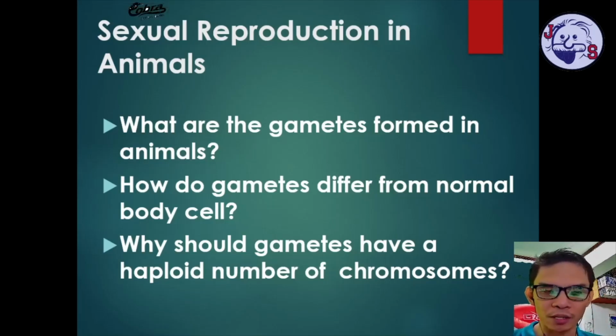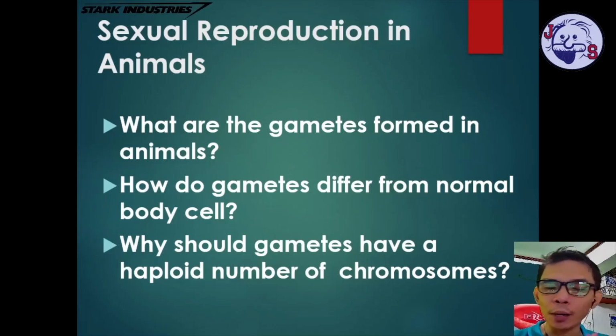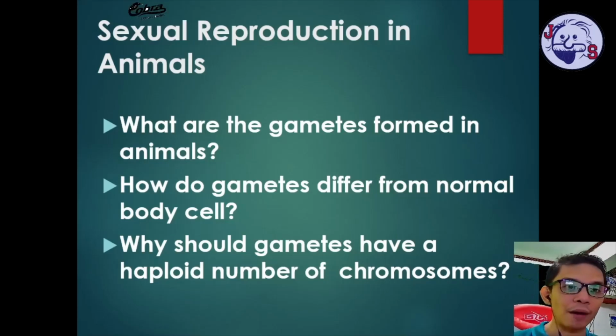You can pause the video if you want to answer this question. The gametes contain a haploid number of chromosomes, while the normal body cells contain a diploid number. In humans, the body cells contain 46 chromosomes, and the gametes contain half of that number, 23.